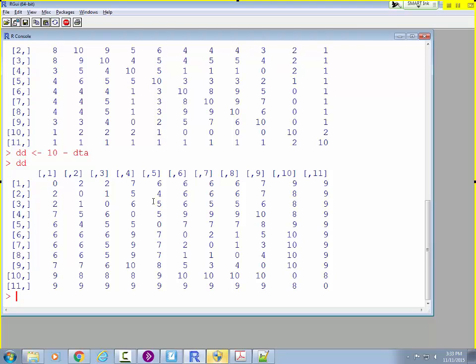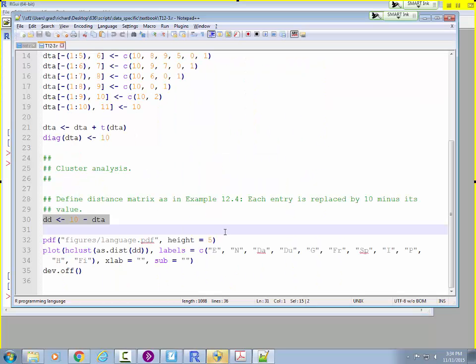So that is a sensible distance matrix. Okay, and then how do you do cluster analysis? Because you don't want to have to do what we did in the notes manually, obviously. You don't want to have to code that up.